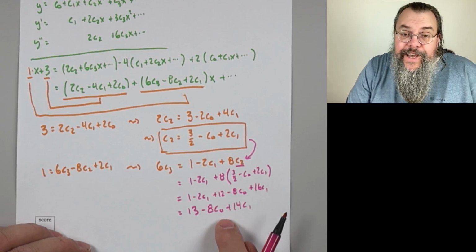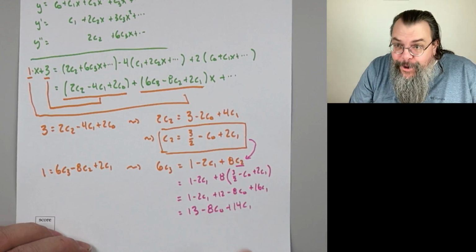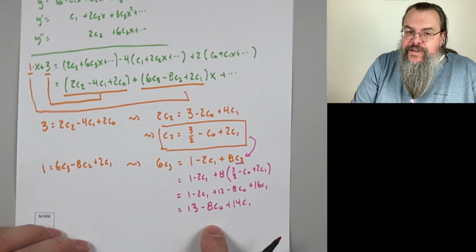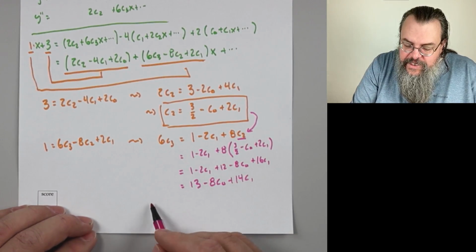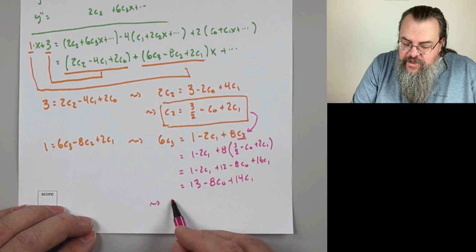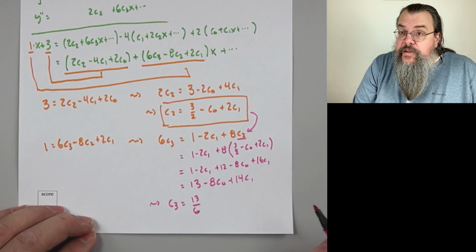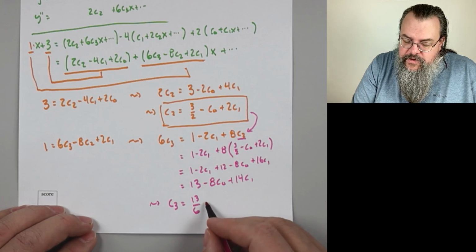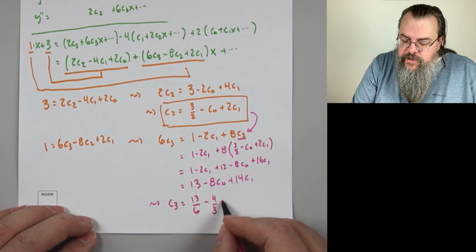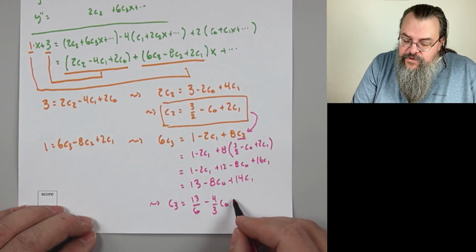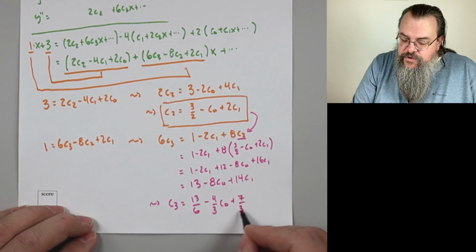Now, is this the answer? Almost. That's 6 times c3. And so dividing gives us c3 is 13 over 6, and then we have 8 over 6, but that can simplify to 4 over 3, and then 14 over 6, which again we can simplify to 7 over 3.